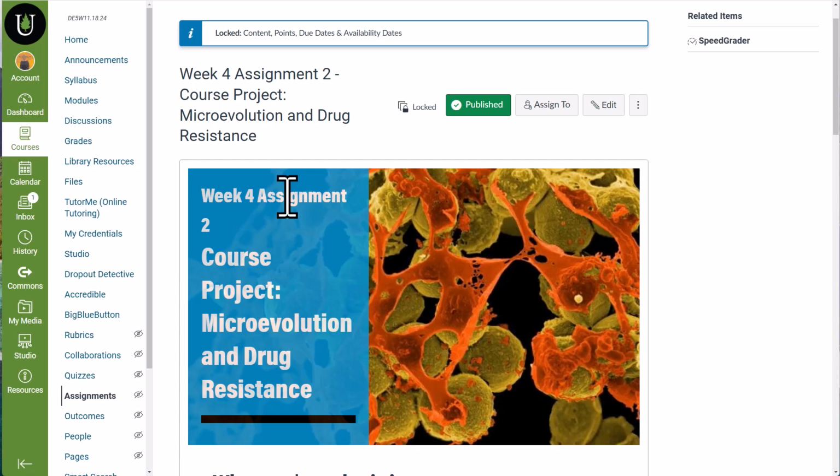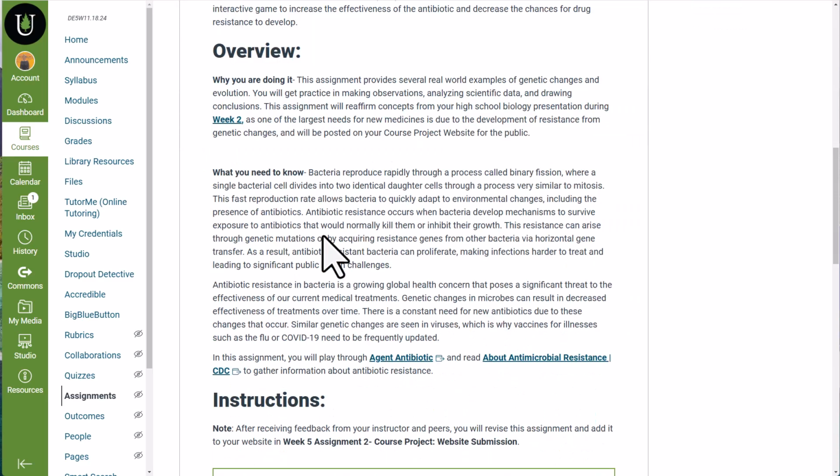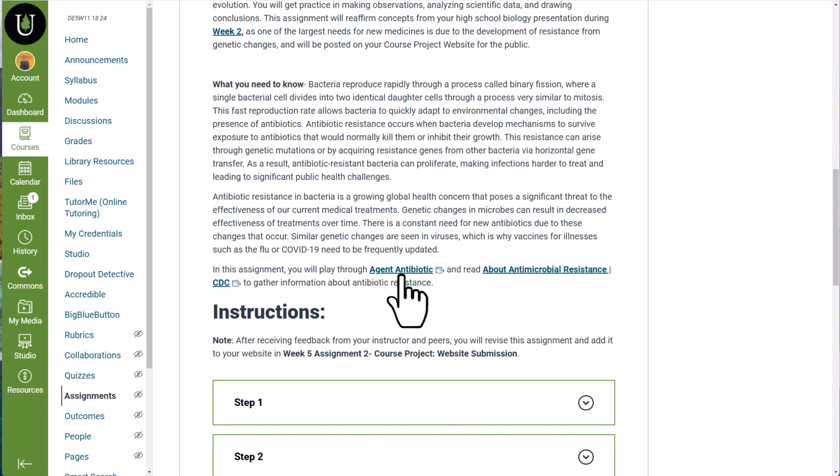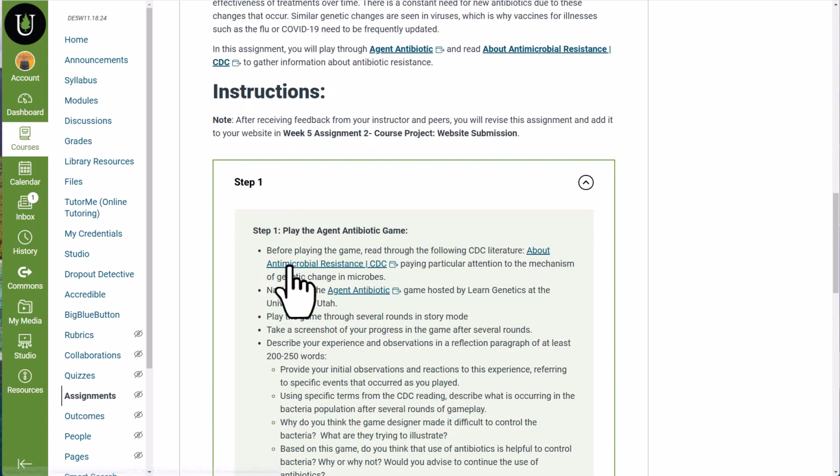Your second assignment for this week is going to look at drug resistance. We're looking at microevolution. We're looking at the evolution of antibiotic resistance in bacteria. You'll read through this. You're going to be using a game that essentially looks at antibiotic resistance. Your first step is to go and read a little bit about antibiotic resistance from this site, from the CDC.